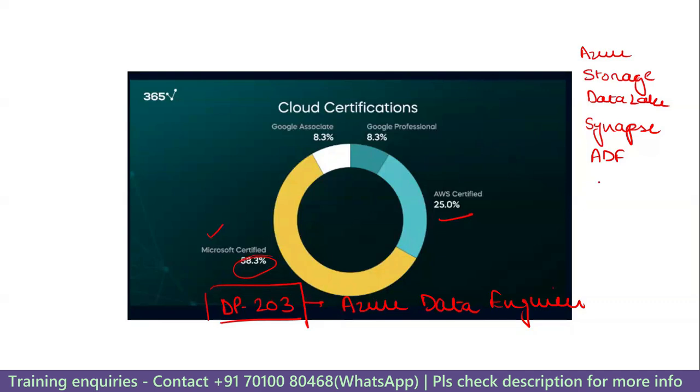We have Azure Stream Analytics that we are going to cover. All right. ADF is where we'll be creating the pipelines. All right. We'll create pipelines here. We'll see what are artifacts, right? What is mapping data flow. All of those things we'll cover in ADF.